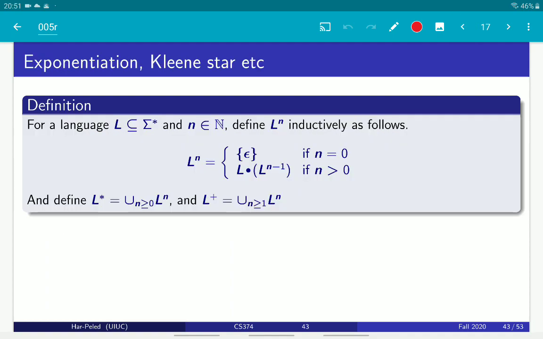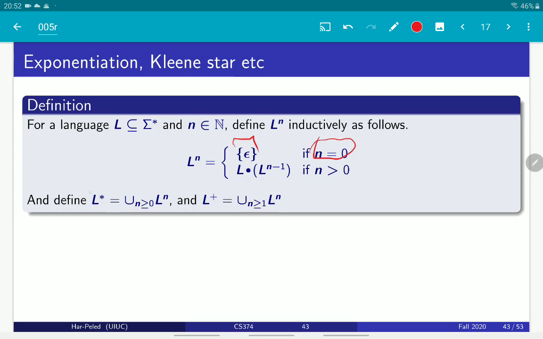Now we define L^n as follows. L^n is just concatenating L with itself n times. So for n equals 0, we define it to be the language containing a single string, which is the empty string. And for larger values of n, we define it recursively as concatenating L with L to the n minus 1.